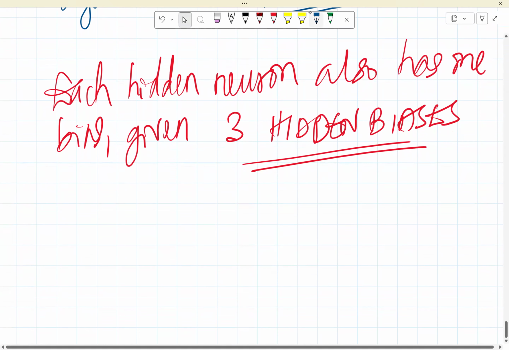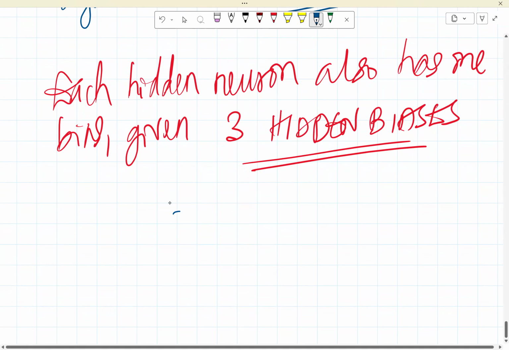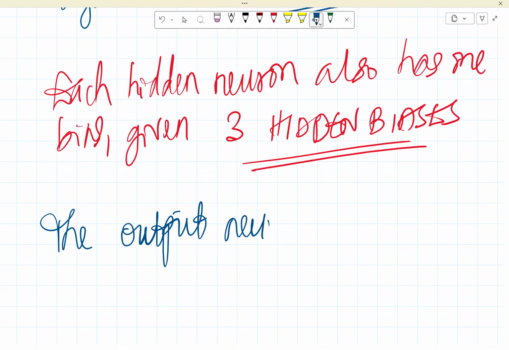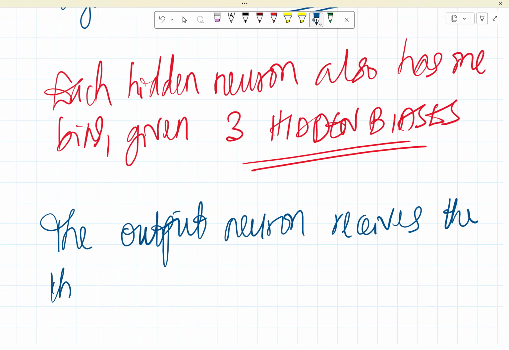Then next, the output neuron receives the three hidden neuron outputs.